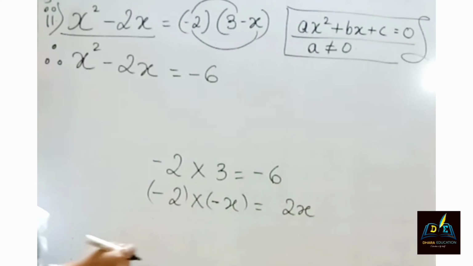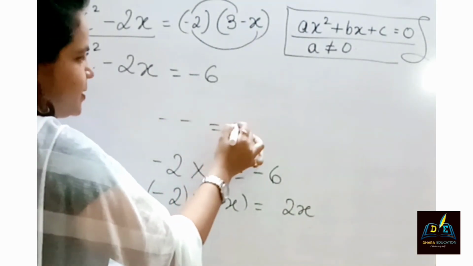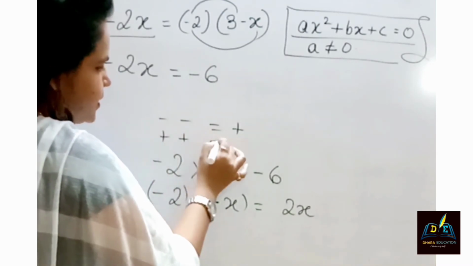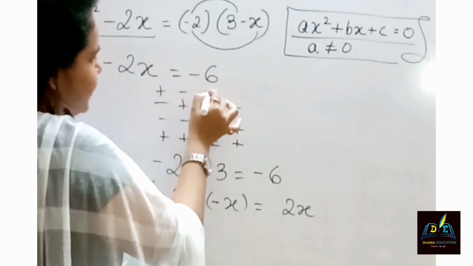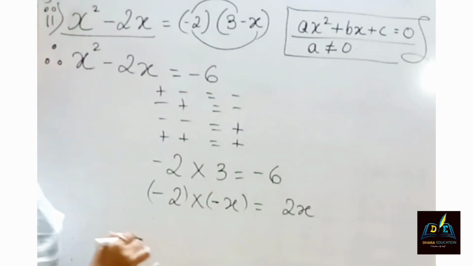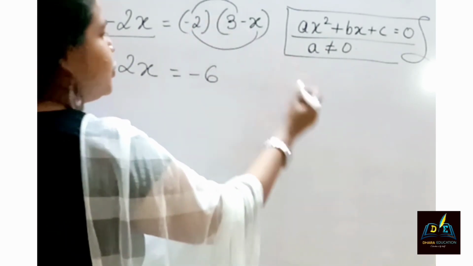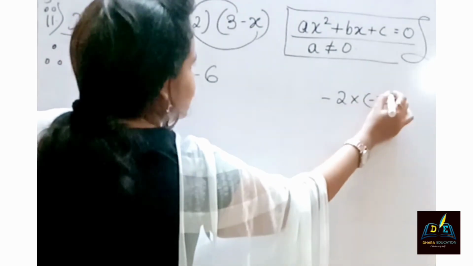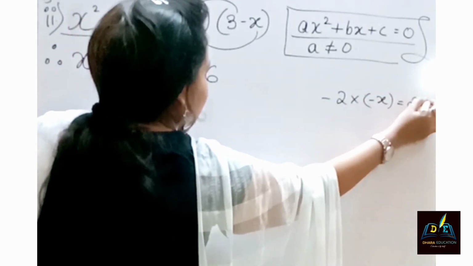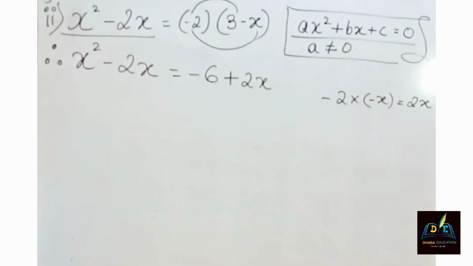Minus minus will be plus, because as we know, minus minus is equal to plus, plus plus is equal to plus, minus plus is equal to minus, and plus minus is also minus. So when I multiply minus 2 by minus x, we get plus 2x. This is our first step. Is this step clear to everyone?